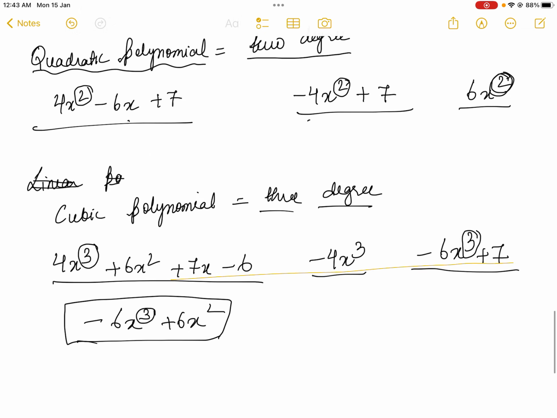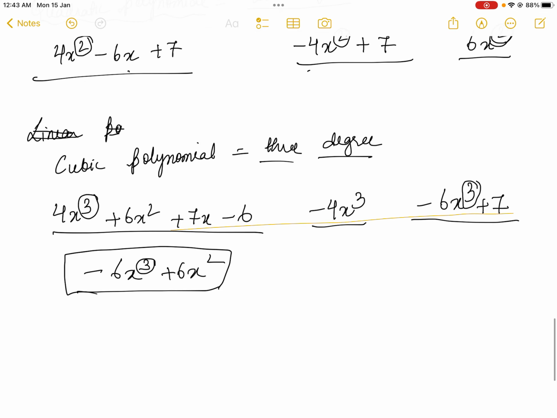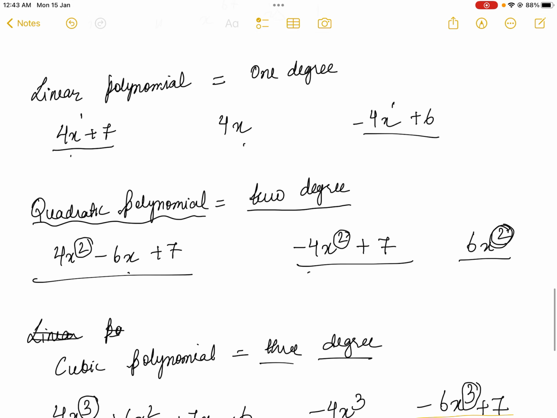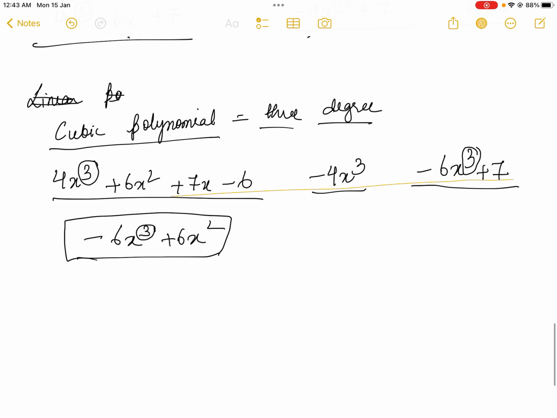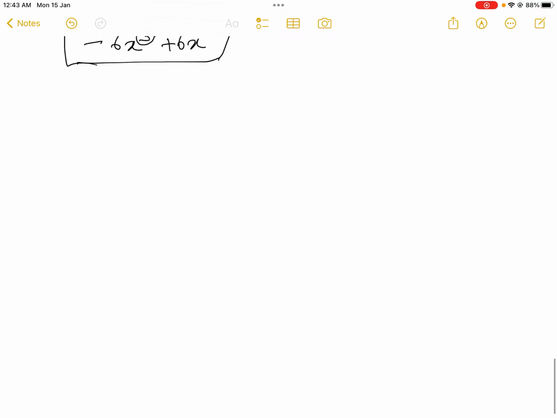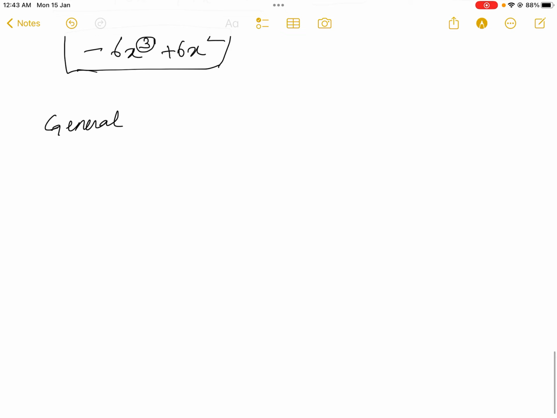Clear? The degree of the polynomial should be 3. Okay, so everyone clear with what a linear polynomial is, what a quadratic polynomial is, and what a cubic polynomial is. Clear?